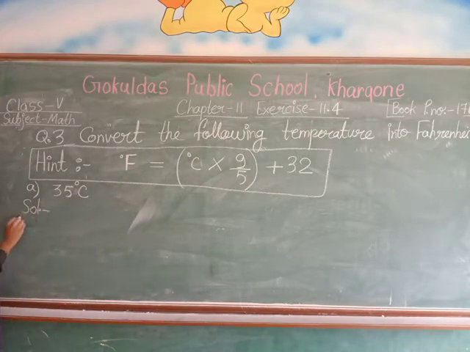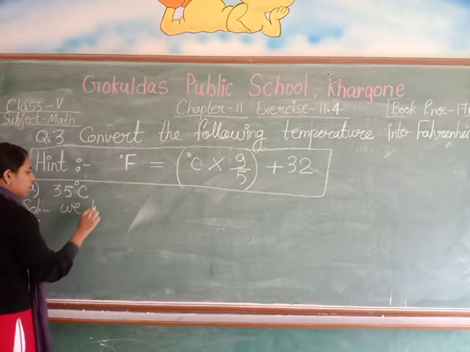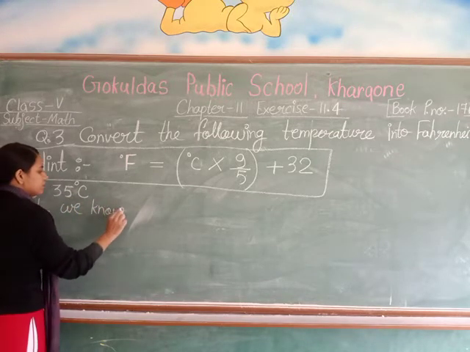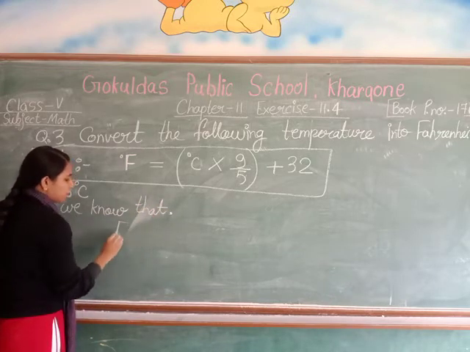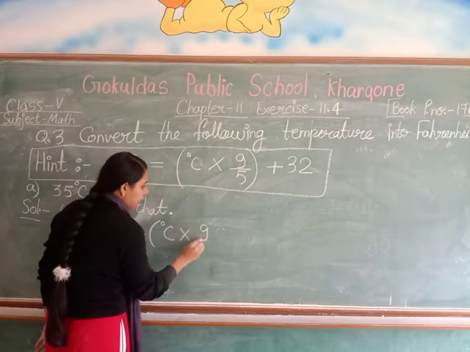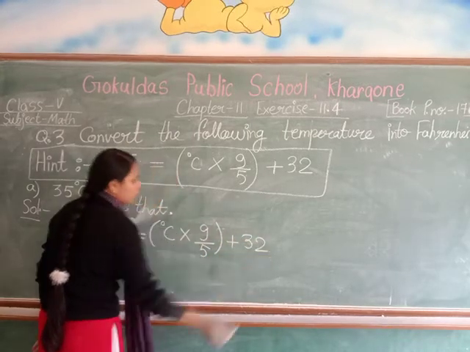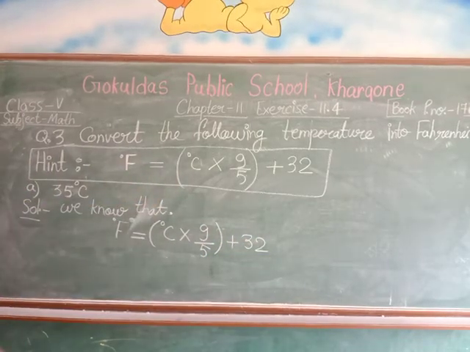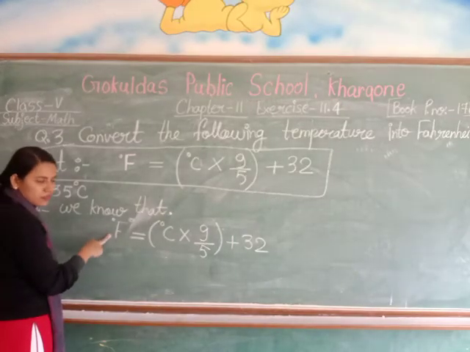Observe here. We want to convert degree C into Fahrenheit. So I am writing here, we know that degree Fahrenheit is equal to degree C multiplied by 9/5 bracket close plus 32. Right? Now we don't have any value for degree F, that is Fahrenheit.